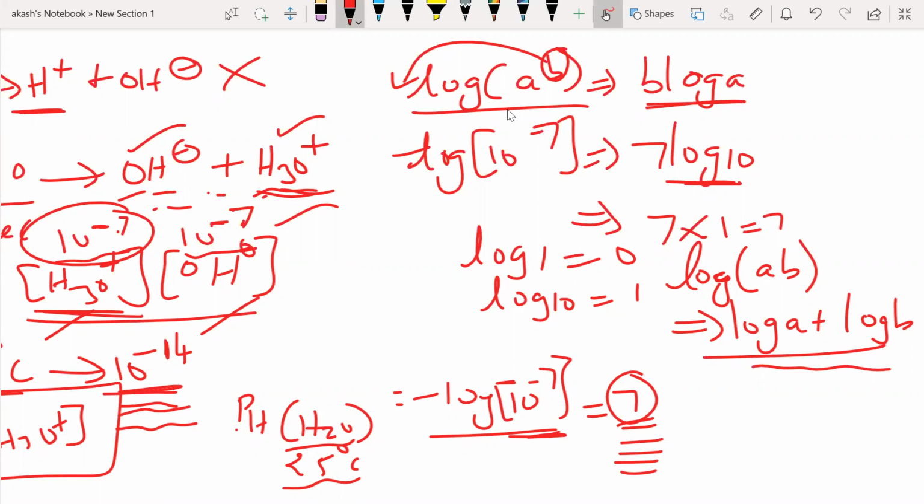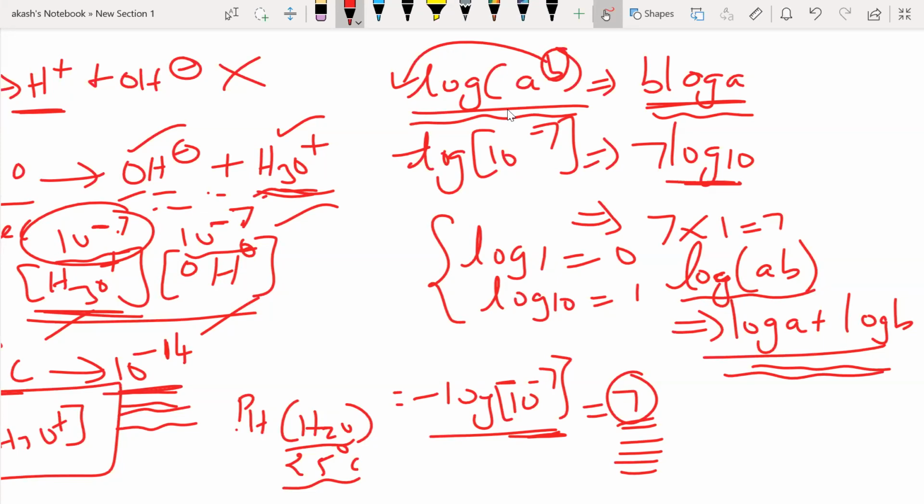Same way, if I have log of a by b, I can write it as log a minus log b. So these are the only things I wanted you to remember: log 1 is 0, log 10 is 1, log of a power b I can write as b log a, log of ab as log a plus log b, and log of a by b as log a minus log b.